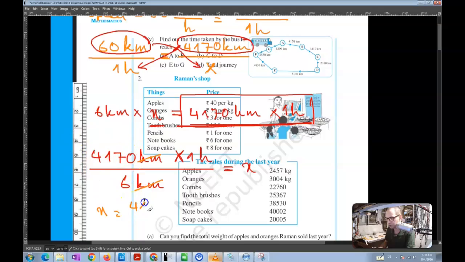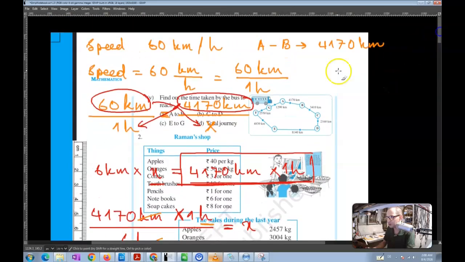So that's 4,170 divided by 60, and the unit would be hours, right? So that means that it's going to take 4,170 divided by 60 hours to cover this distance of 4,170 kilometers.